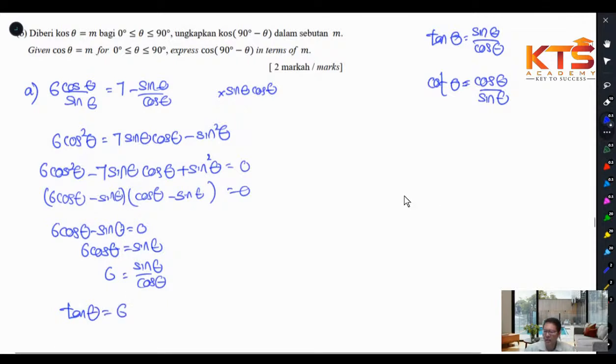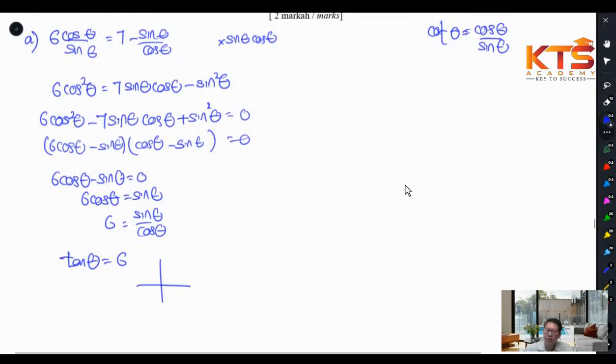Then I should have 2 answers here. Tangent positive is here. Shift tangent 6 gives the angle. Now this is the 3rd time you do this tonight.